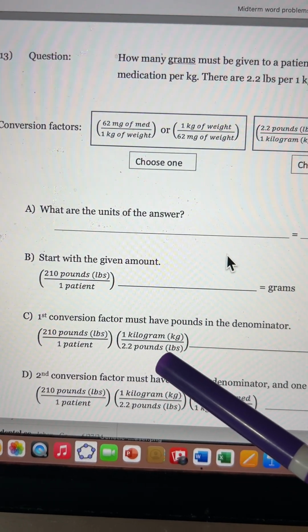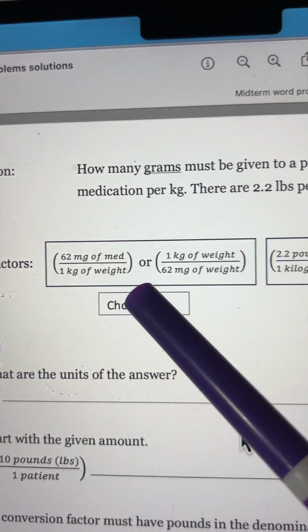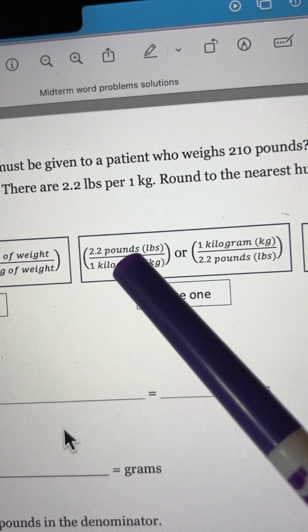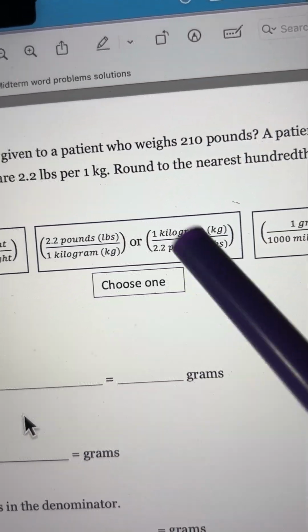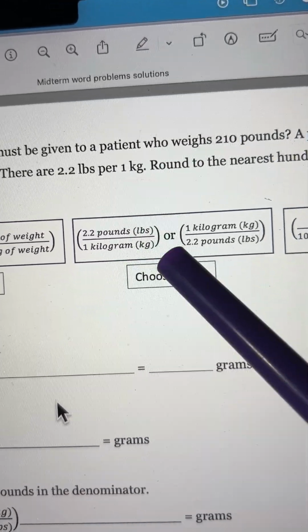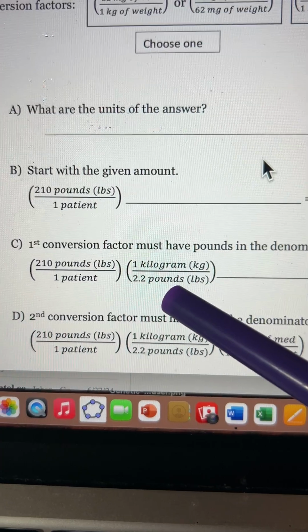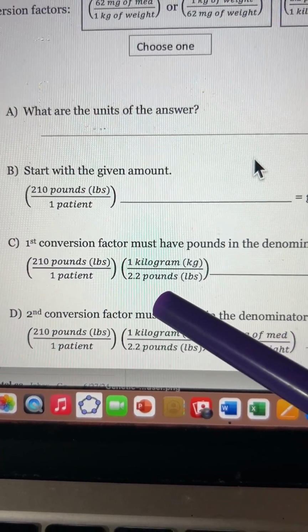Now look up here. I'm looking for pounds in the denominator. Nope. It's got that one. So on your paper, you'd put a check here or X it out. You don't use that box anymore. So then we've converted that out. Now, how this is solving the problem.